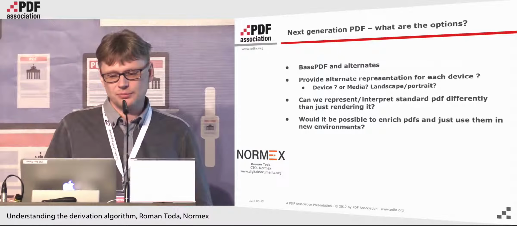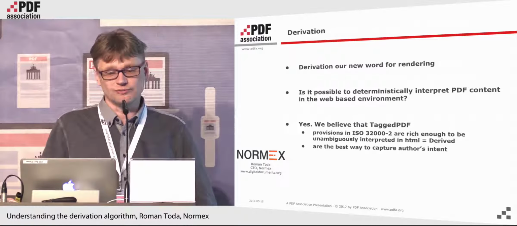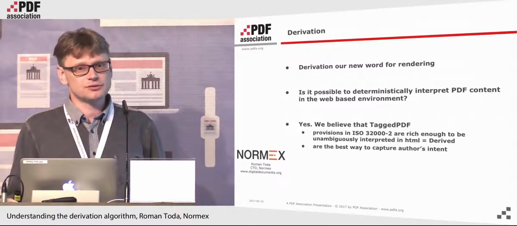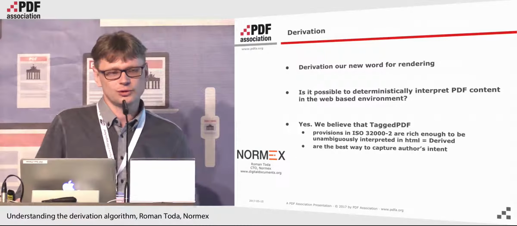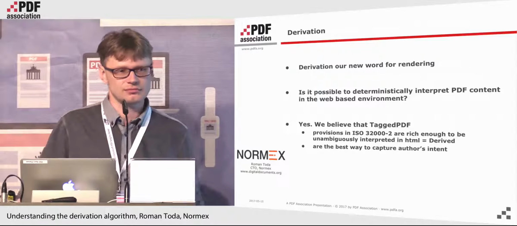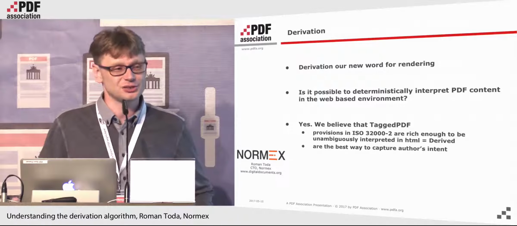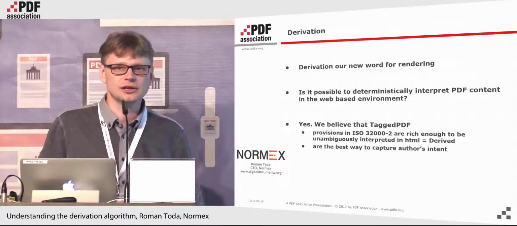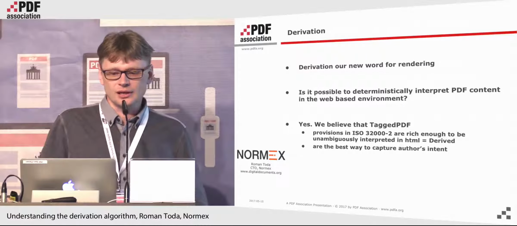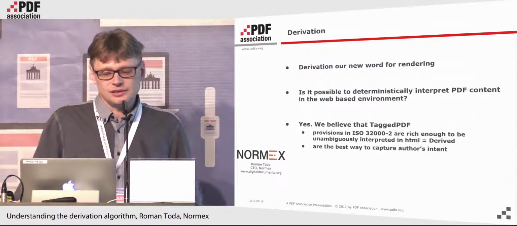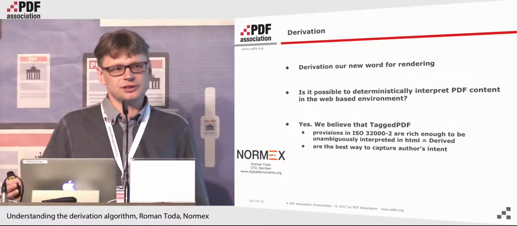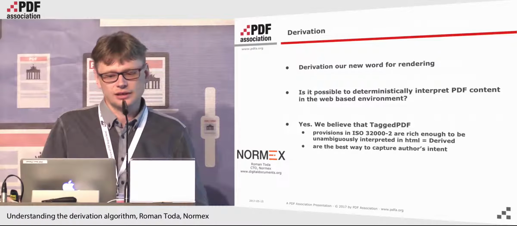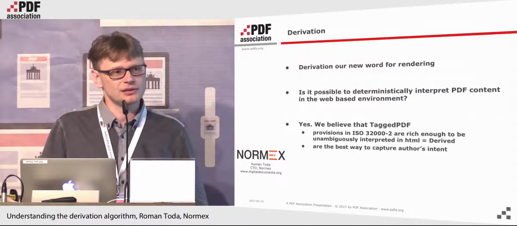So we came up with this new word, so to speak. It's derivation. Derivation would be our new word for rendering in the concept of this presentation, and maybe even looking further in the whole concept of the next generation PDF. So the question is, is it possible to deterministically, unambiguously interpret PDF content in a web-based environment?